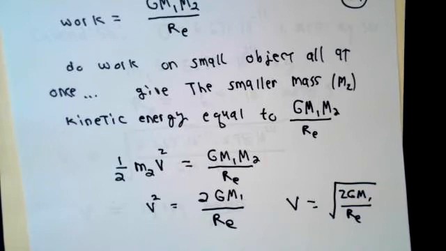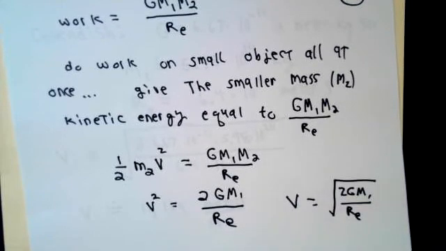I actually am going to go all the way back to the universal constant G times the first mass times the second mass over the radius of the Earth. I'm going to think of having the small object, small mass object, mass of m2. I'm going to give it this amount of energy, and I'm going to give it that amount of energy in one big push.